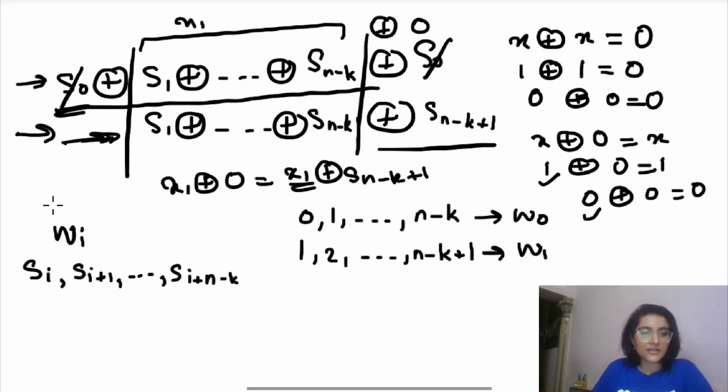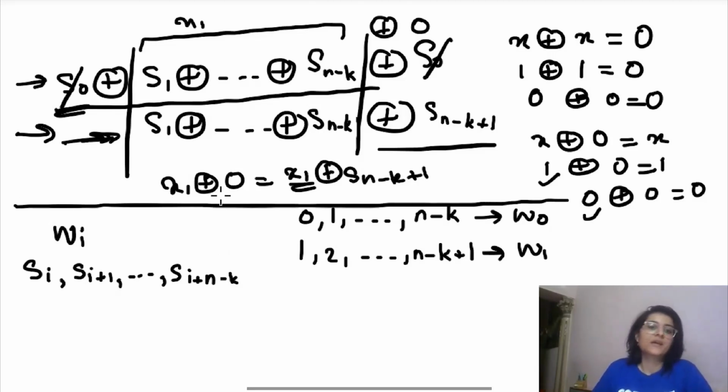If we try to generalize it, let us say Wi is the ith window. So by observing the pattern that the 0th window extends from 0 to n minus k, first window extends from 1 to n minus k plus 1, we can say that the ith window extends from Si, that is the ith character, up to Si plus n minus k.